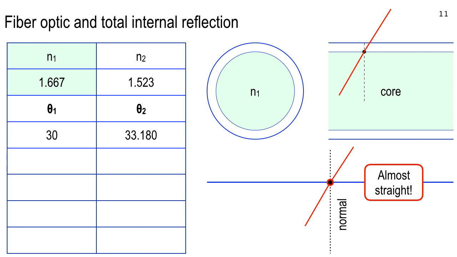Let me ask you a question. A mental IQ test question. At what angle theta 1 would the refracted ray go in exactly the same direction, not almost straight, but perfectly straight? At what incoming angle?